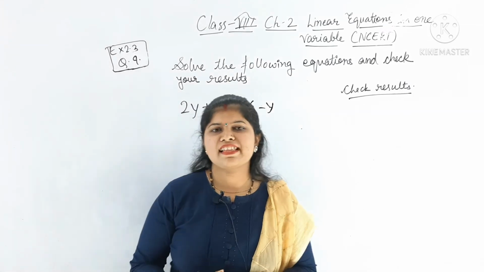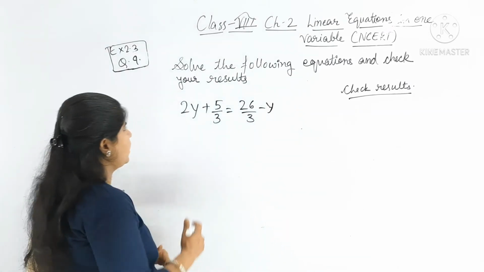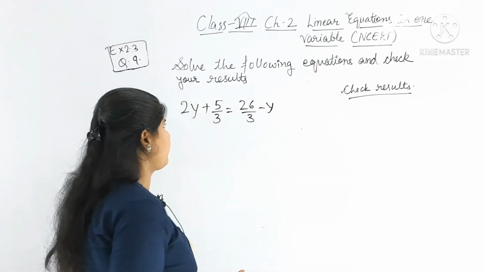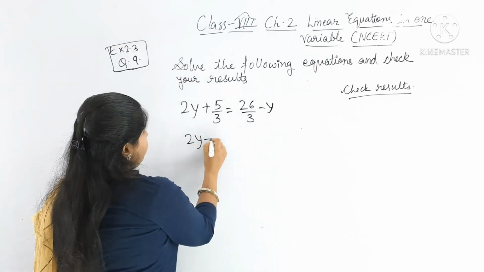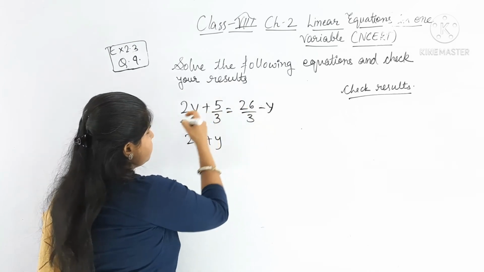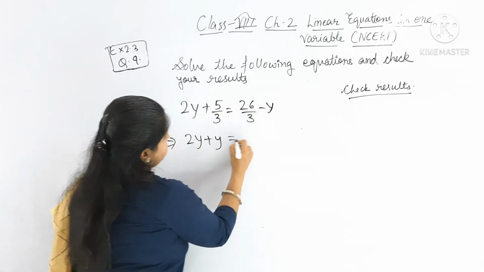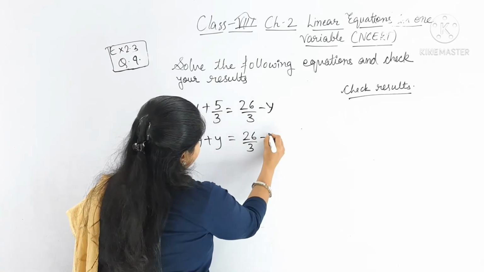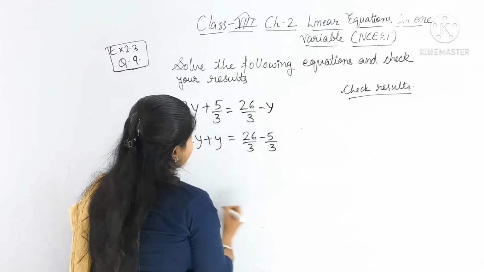Okay students, now let's see question number 9. Okay, here you can see the variable, which variable is it? y. So here you can write 2y plus y, this y is transferred to here, that is 26 by 3, this 5 by 3 will be transferred to this side.